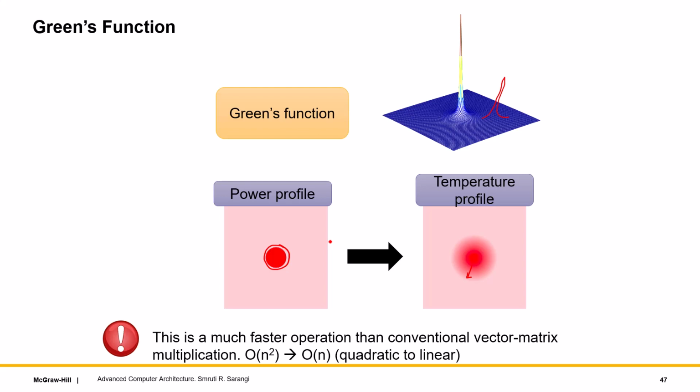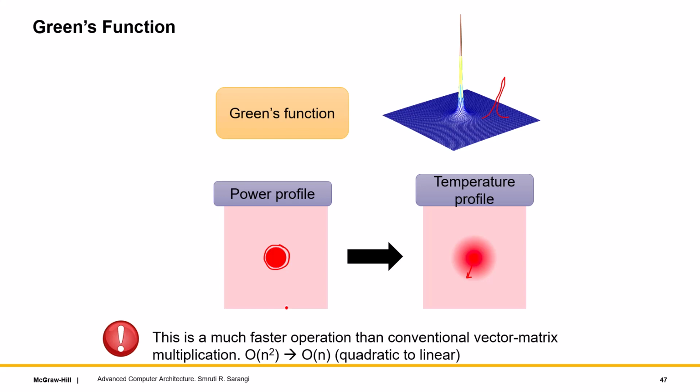So the previous complexity was order n square, but the current one's complexity is just order n. In this case n means the same thing, thankfully: the number of grid points.